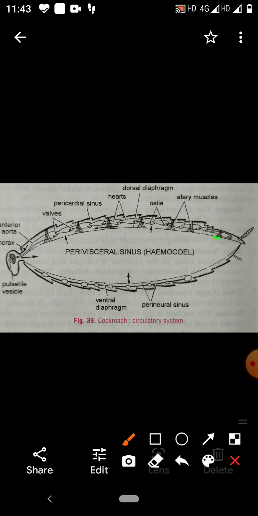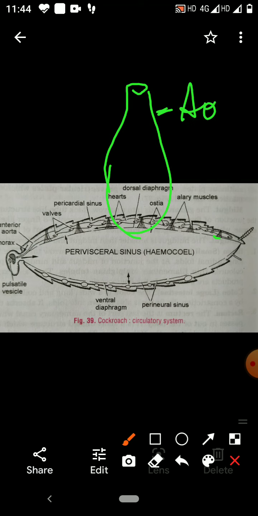If you see the structure of the heart of cockroach, it consists of a muscular tube, and the anterior region is aorta and the posterior region is called pulsating heart, and this pulsating heart has openings. These openings are called ostia.